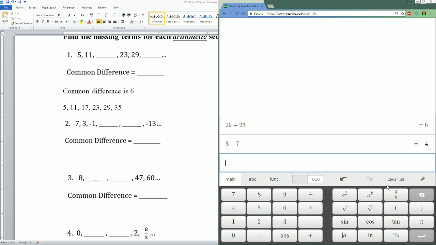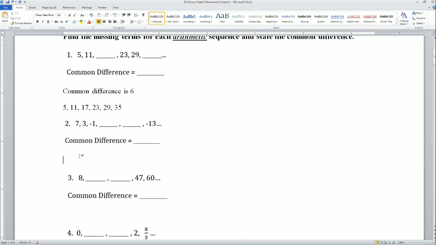Okay, negative 1 subtract 3. Alright, perfect. I guess I had to put that in parentheses. That still is equal to negative 4, right? So the common difference here is negative 4.